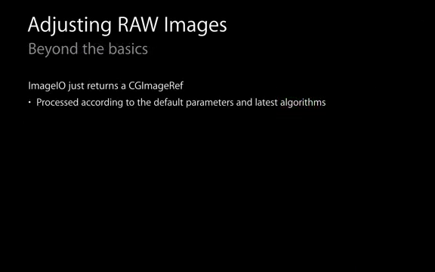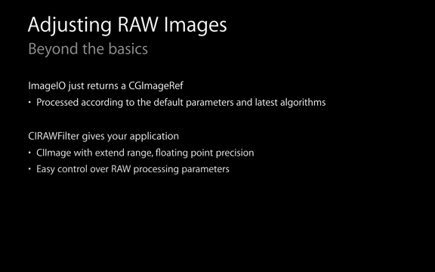So as I said before, APIs like NSImage and CGImage will get raw support for free. And that's because our support provides a default rendering, which is processed according to all of our parameters and whatever our latest algorithm is. However, we have this API, which is called the CI raw filter, which gives your application much more control.